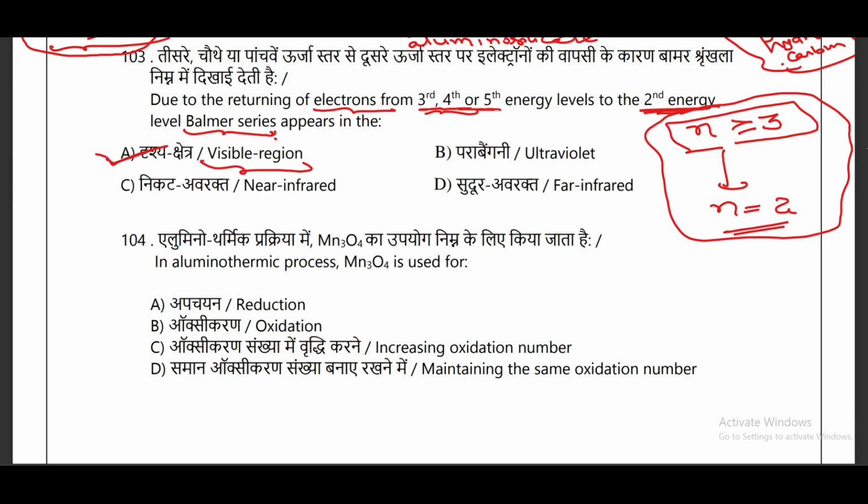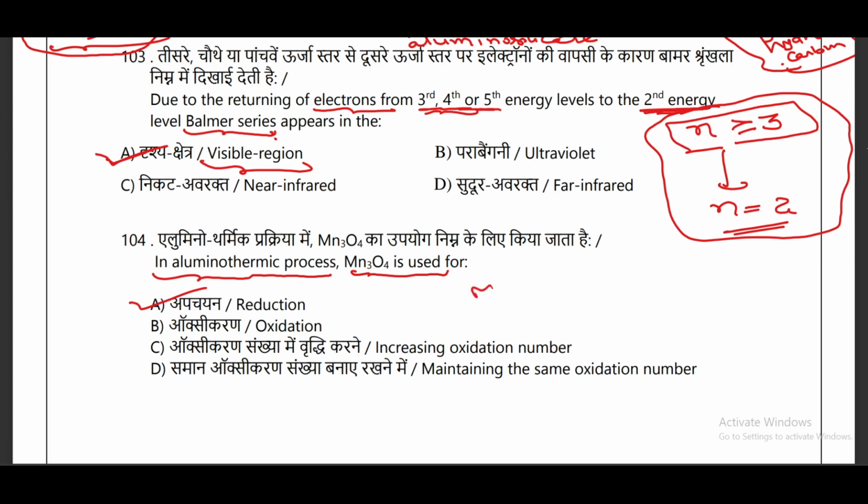Okay, so in the next question, in the aluminothermic process, Mn3O4 is used for reduction, oxidation, increasing oxidation number, or maintaining the same oxidation number, and out of these four options your correct answer is option A, reduction. So in the aluminothermic process, Mn3O4 is used for reduction.